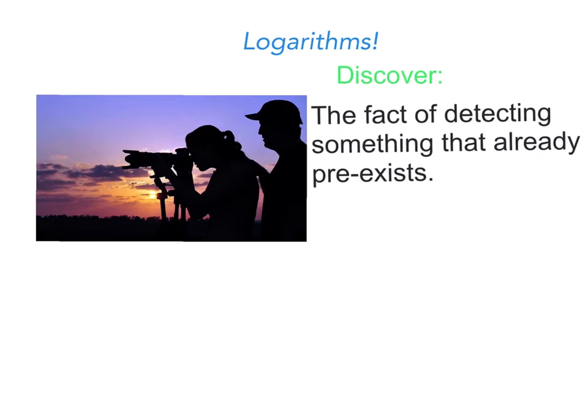On the other hand, we could also sustain that logs were discovered. We understand discovery as the act of detecting something that already pre-exists. Such discoveries may lead to the invention of objects, processes, or techniques.